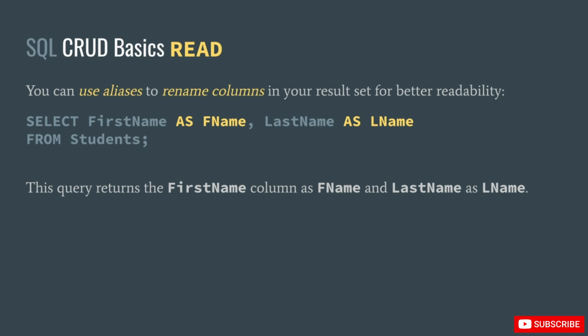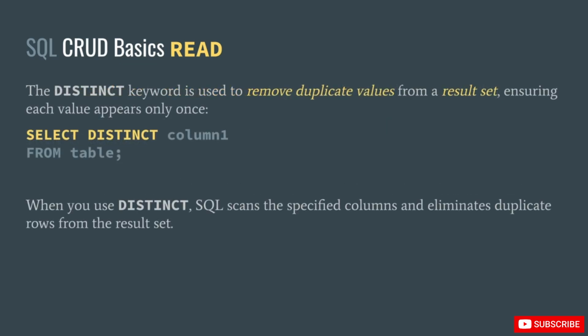This can be useful when working with complex or lengthy column names. Another useful keyword is distinct, which removes duplicate values from your result set, ensuring each value appears only once. When you use distinct, SQL scans the specified columns and eliminates duplicate rows from the result set.